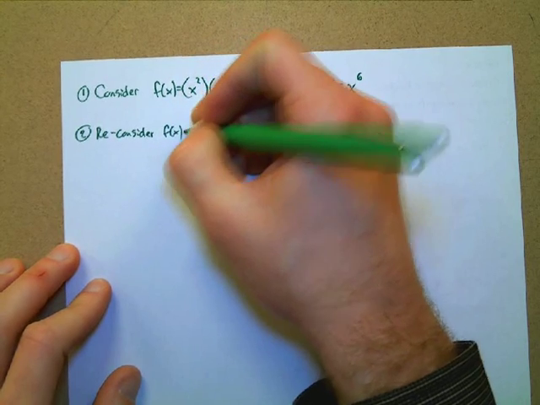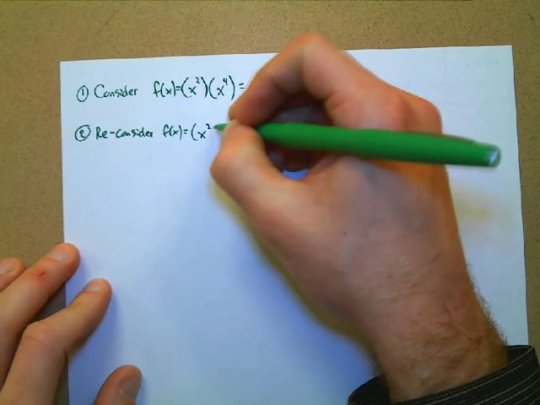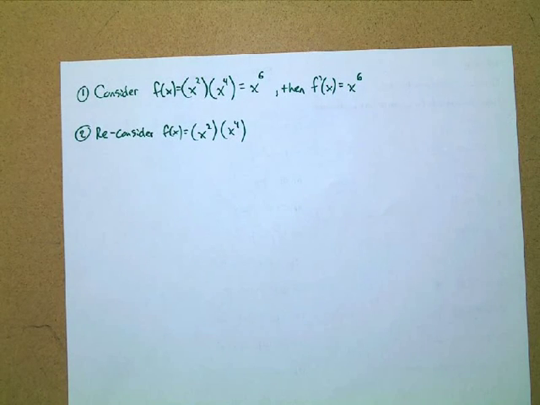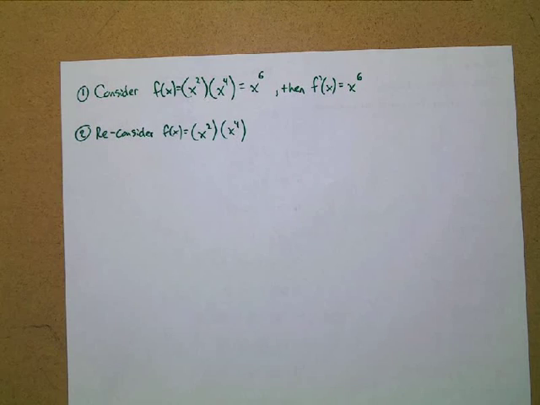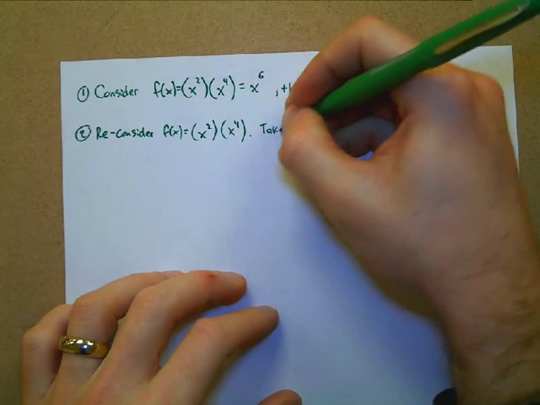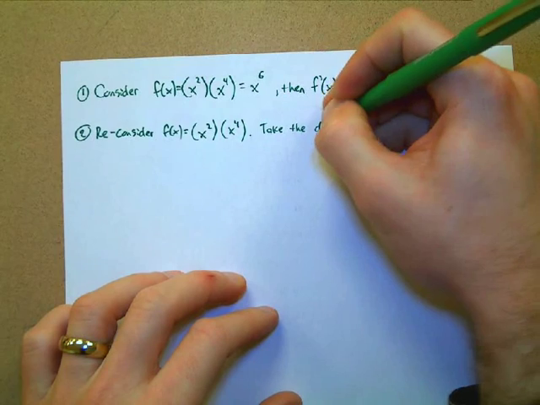Like we want to be able to take the derivative of the individual pieces and multiply together. So take the derivative of x squared and x to the fourth individually and multiply the results.